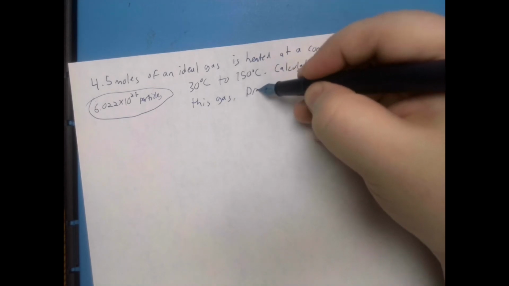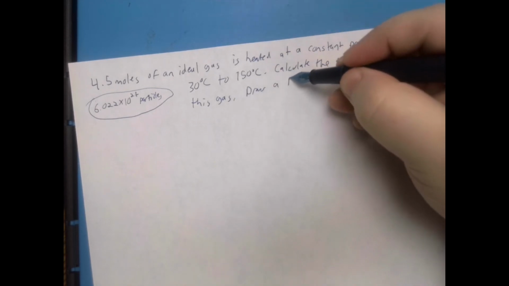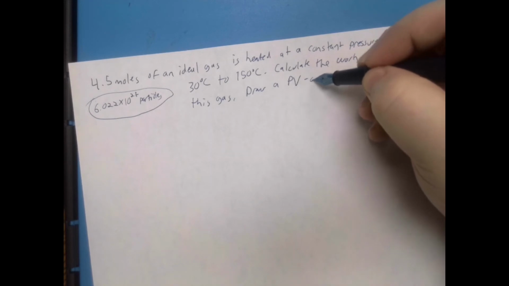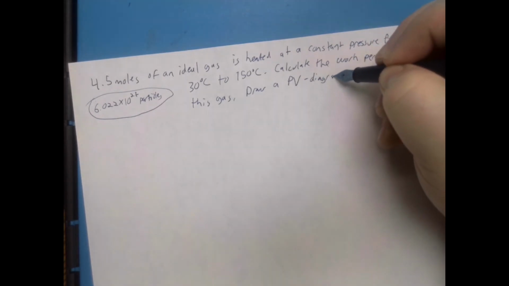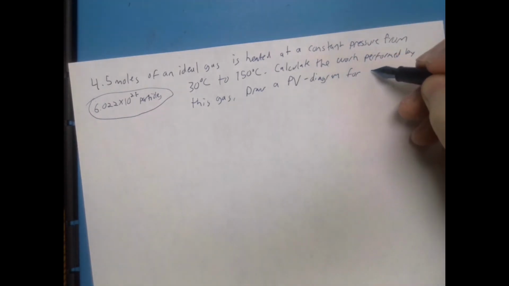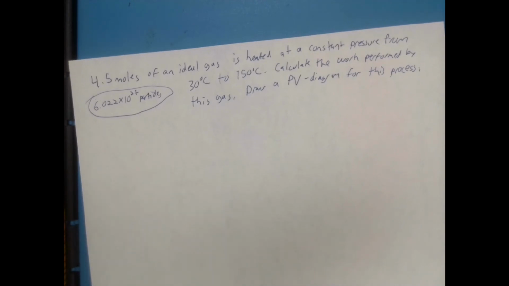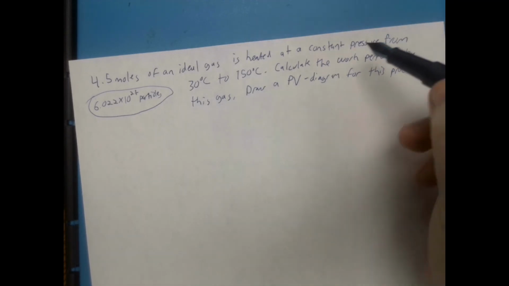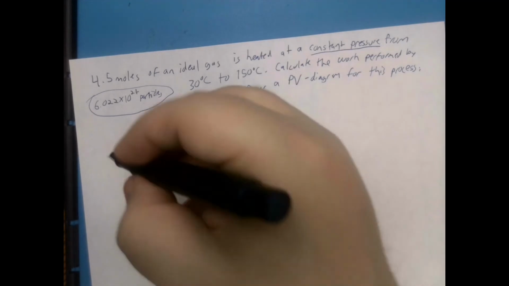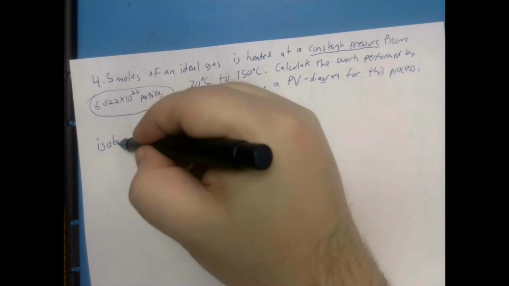And draw a pressure volume diagram for this process. So, it tells you constant pressure. So it's isobaric.